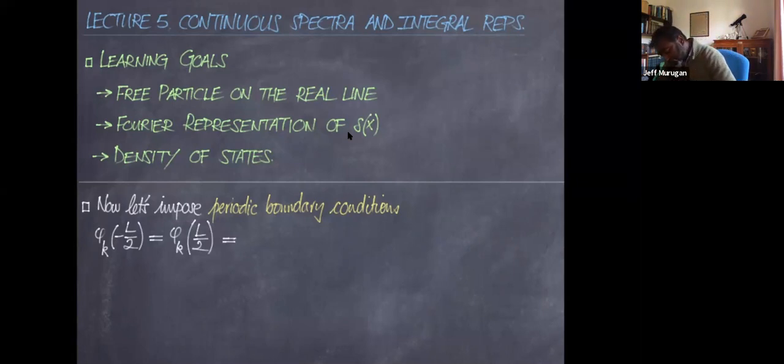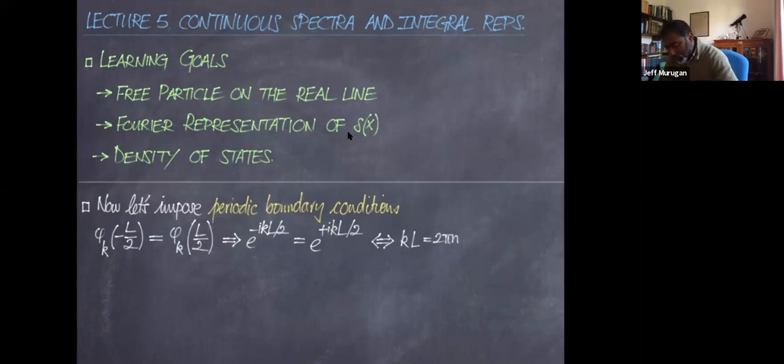And if I substitute in the expression, the complex exponential for phi, this tells me that e to the minus ikL over 2 must equal e to the plus ikL over 2. Or in other words, that e to the ikL is equal to 1, and e to the ikL is equal to 1 if and only if kL is equal to 2 pi n.